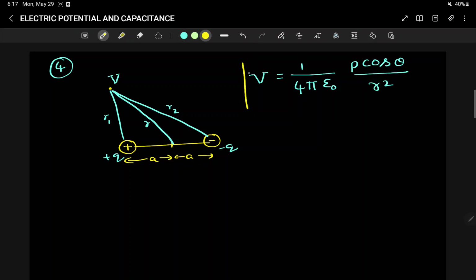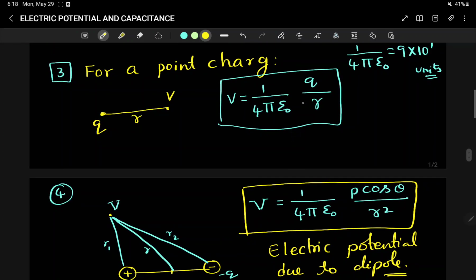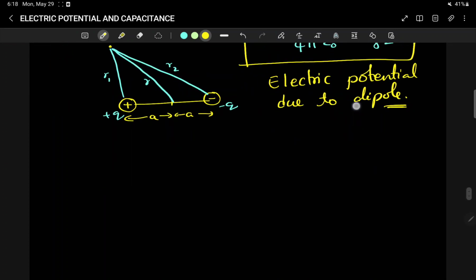So this is the formula for electric potential due to an electric dipole, not a magnetic dipole, it is an electric dipole. For a point charge we have 1 by 4 pi epsilon naught q by r, and for a dipole this is the formula.